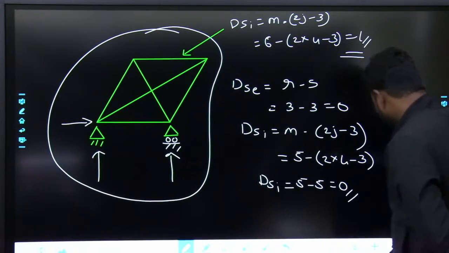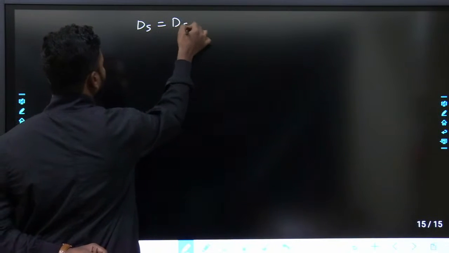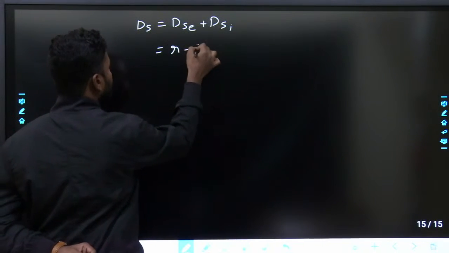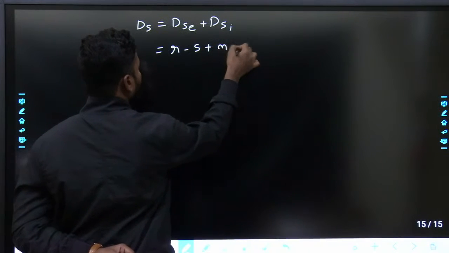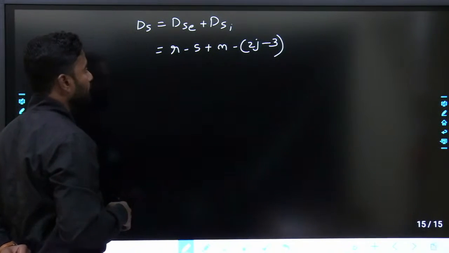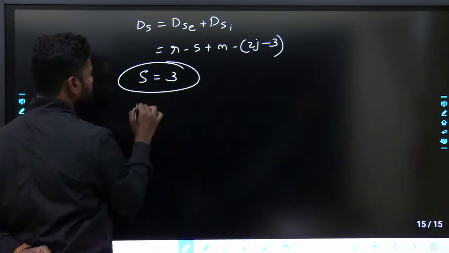Fine. So finally, if I try to write ds is equal to dse plus dsi, r minus s plus m minus of 2j minus 3. Generally s would be 3, right? Equilibrium equations is equal to 3.